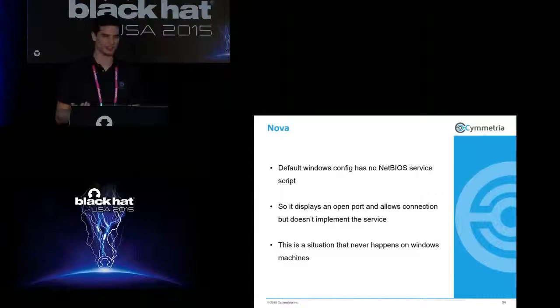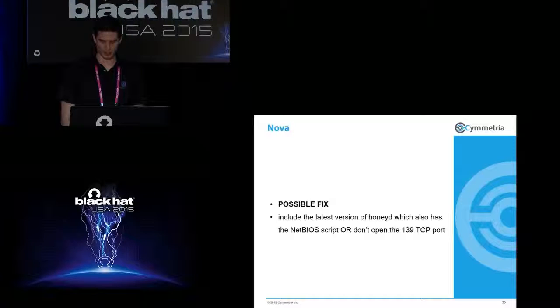This is a situation that doesn't ever happen on a Windows machine. It makes it pretty obvious that it's a Nova Windows config template, right? So one of the possible fixes is just implementing that service, or just closing the port, so people won't figure out that it's a Nova honeypot.